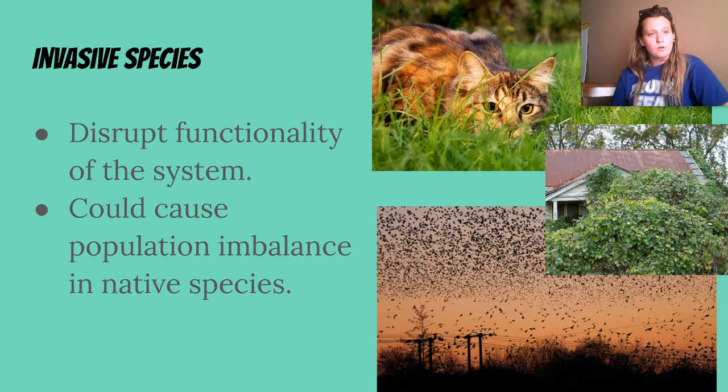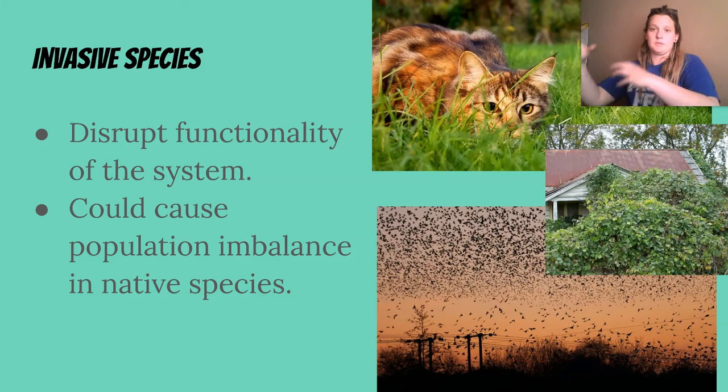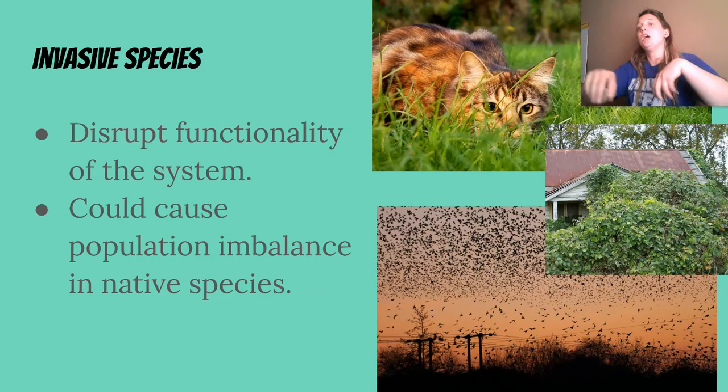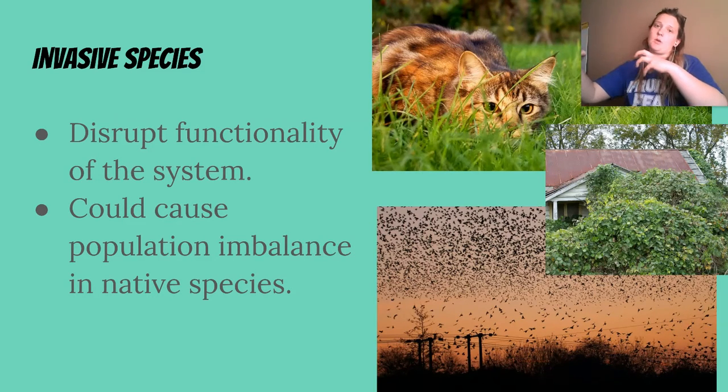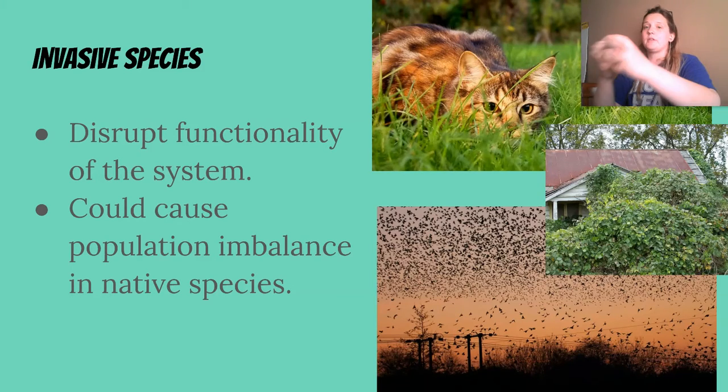So overall, the issue with invasive species is that they disrupt the functionality of the system. For some reason, something is not working with something else. When we look at ecosystems and ecology, we're looking at relationships, okay? We're looking at relationships between the living organisms within that system and the non-living organisms, and those interactions.